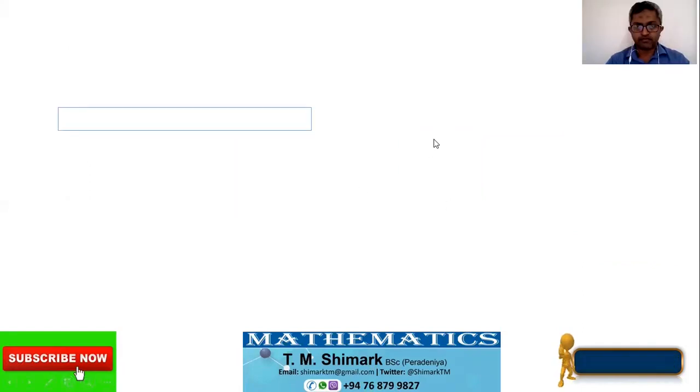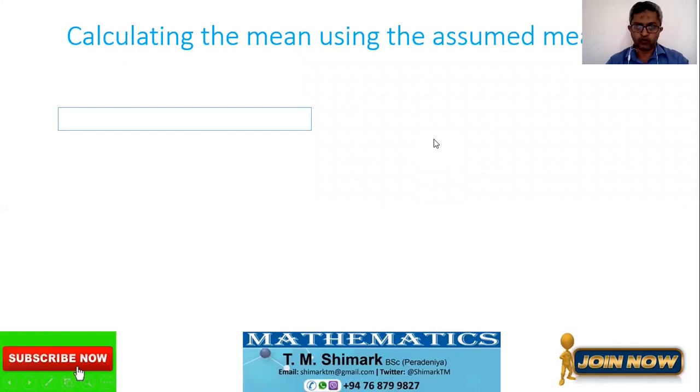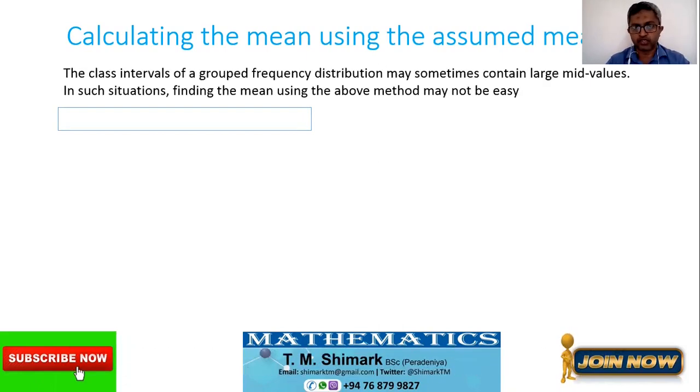Now we have already seen the way how the mean can be found out. That's what we were discussing all this time. Now we have another method to find out the mean, that is calculating the mean using an assumed mean. We are going to use this method. This is also a popular method. A lot of questions are done in this method.